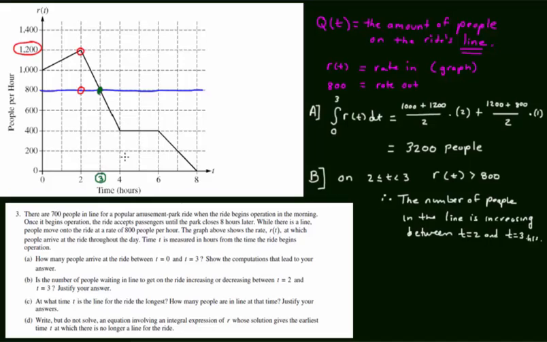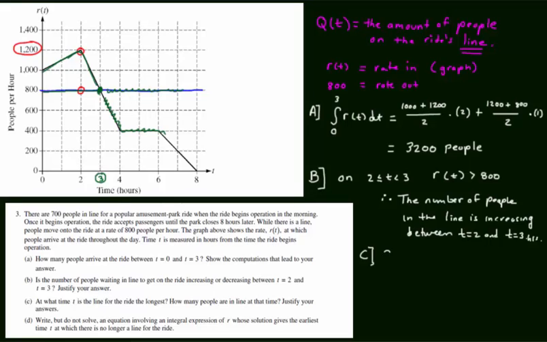The line is at rest when t equals 3. But before 3, the rate at which people entered the line was greater than the people leaving the line. Then after time 3, the rate at which people entered the line was less than the rate of people getting off, which would indicate that the line is shrinking.